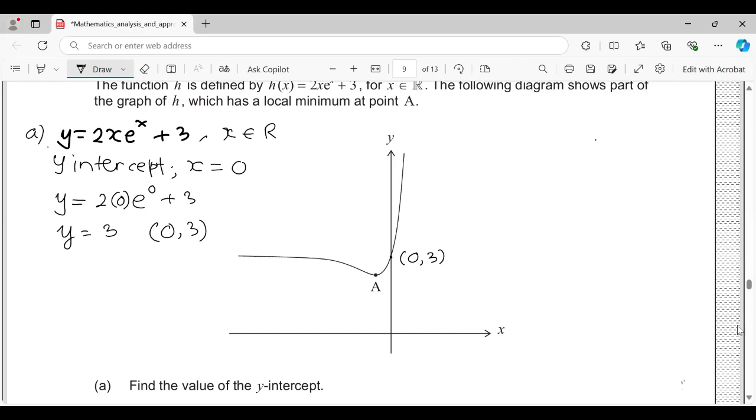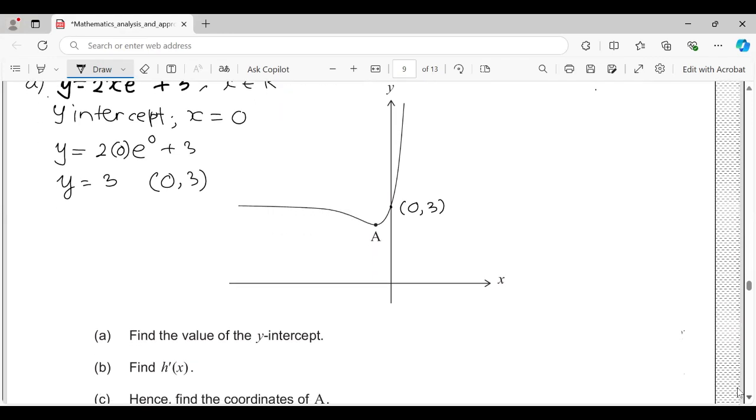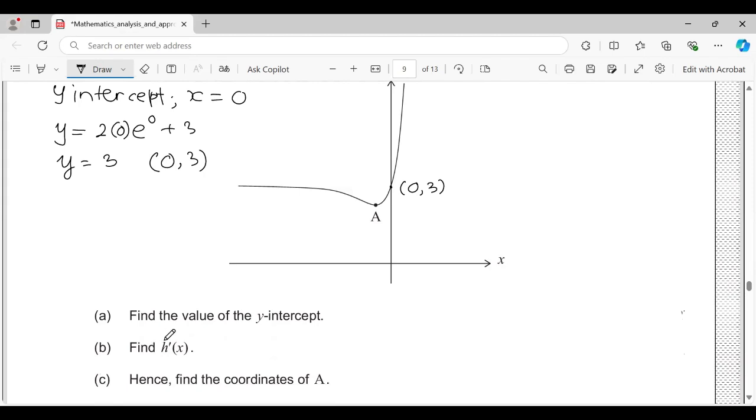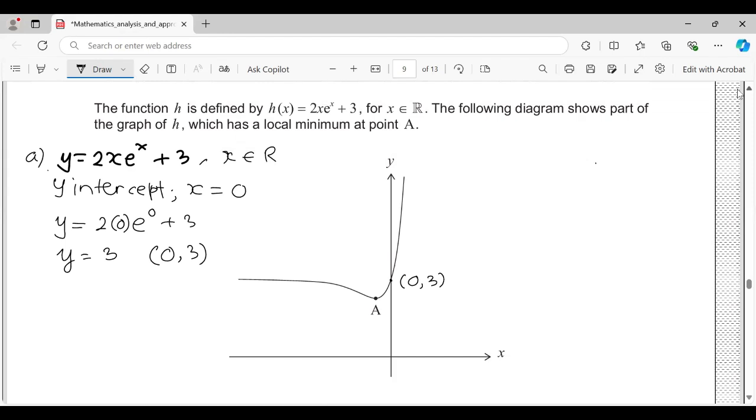And after that, B, find the first derivative, the differential of h(x). h(x) equals 2x e power x plus 3.